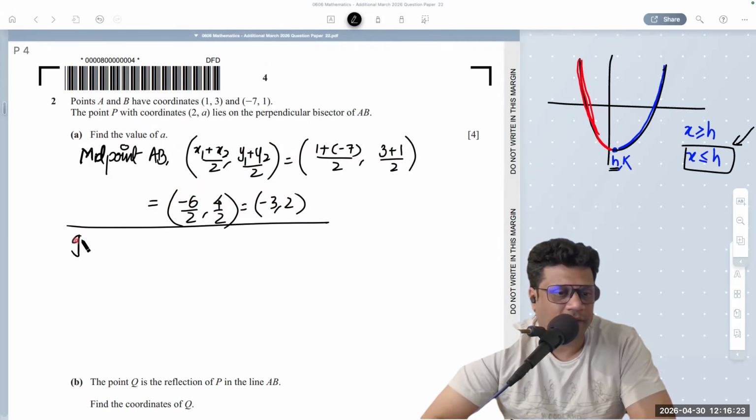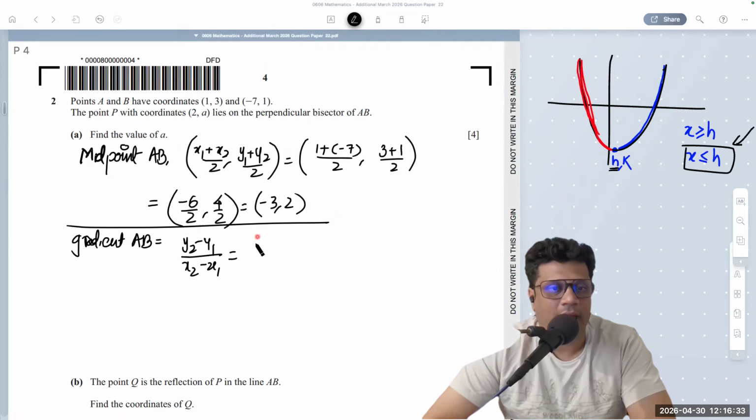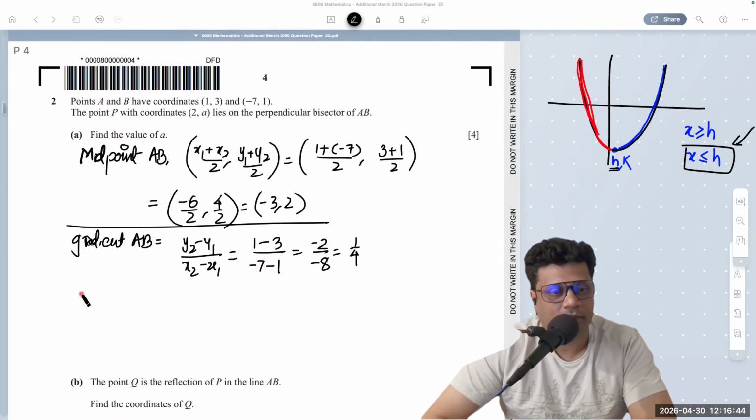Now I'm going to find out the gradient for AB. Gradient is going to be y2 minus y1 divided by x2 minus x1. And I go 1 minus 3 divided by minus 7 minus 1. And it's a minus 2 by minus 8. It's a 1 by 4. Okay.